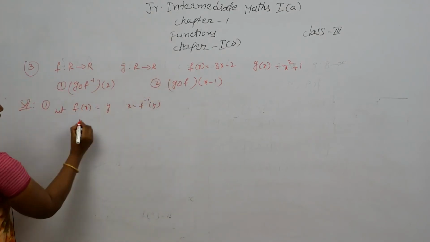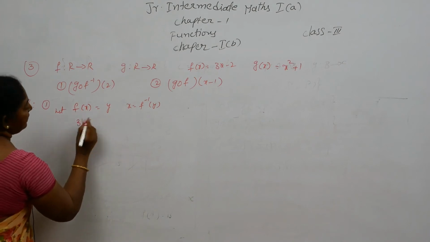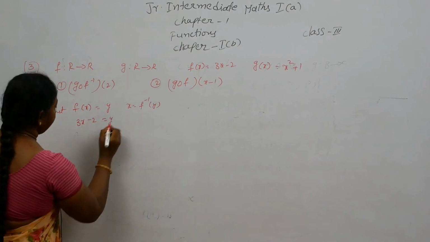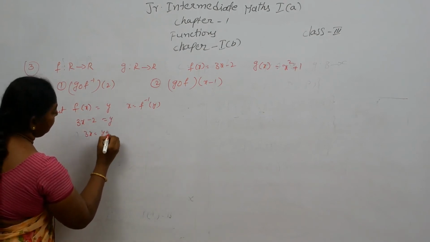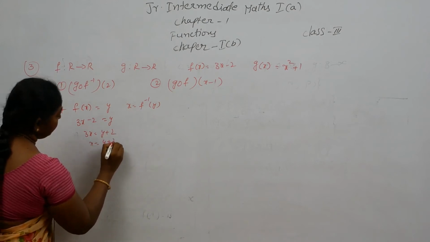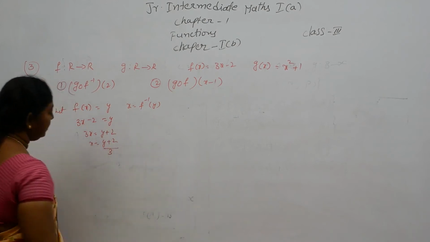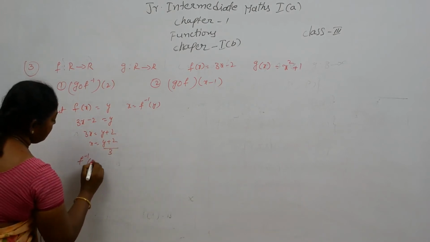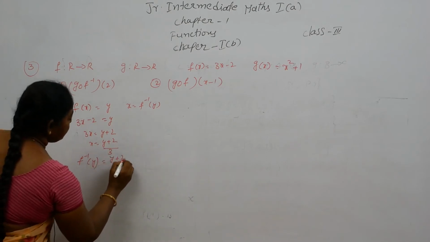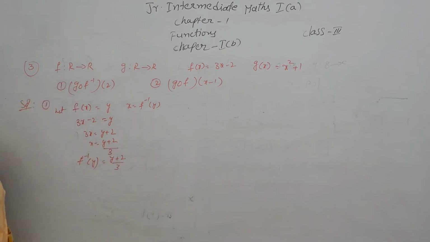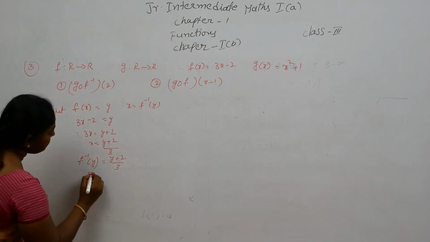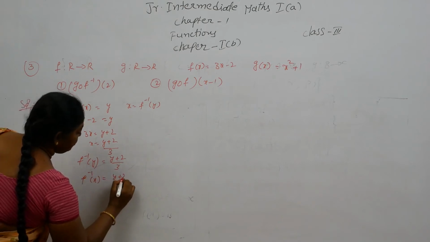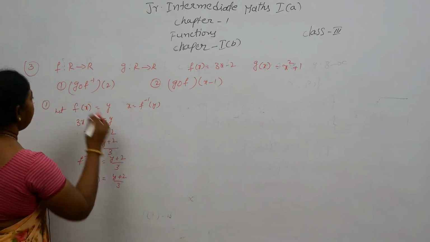But f of x value given 3x minus 2 equal to y. So 3x equal to y plus 2. x equal to y plus 2 by 3, transpose this side become denominator. So x equal to f inverse of y equal to y plus 2 by 3. ఇక్కడ y place లో x substitute చేస్తే f inverse of x equal to x plus 2 by 3. Now we have to find this value.